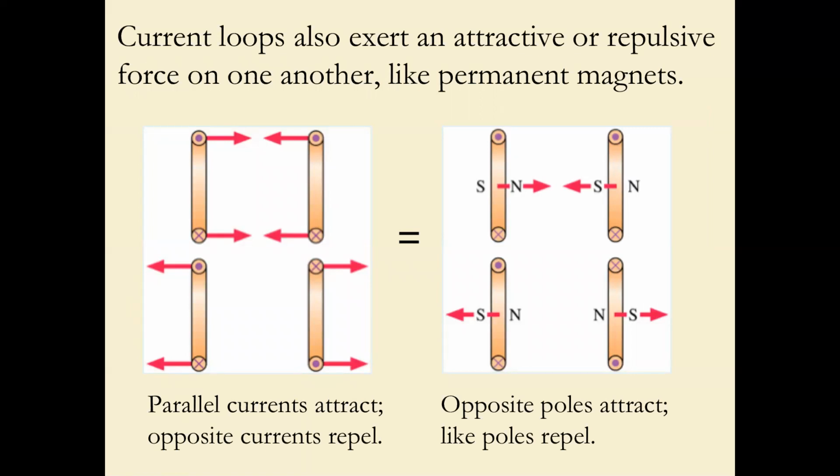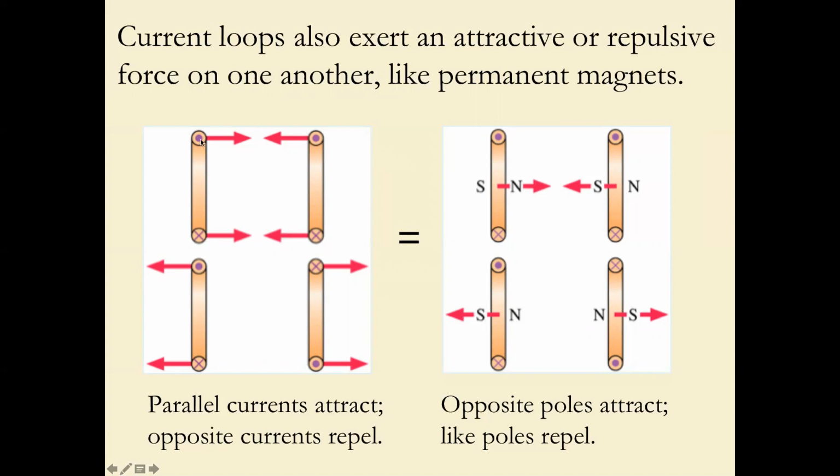And here we see that there are two loops, and those two loops can feel attractive or repulsive force on each other, like permanent magnets. So it depends on the direction of the current. If the directions of the current are parallel, then they attract each other.